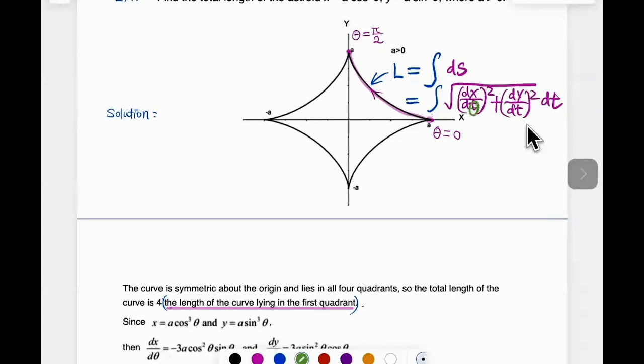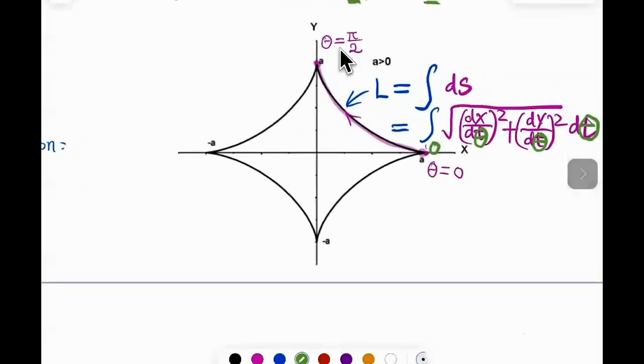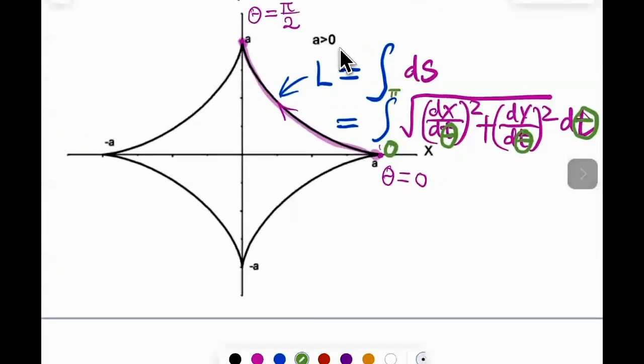This time the variable here is theta, so d theta. Theta goes from what to what? Theta goes from 0 to pi over 2. As soon as you can recognize this integral, the rest will be just routine. It's very important to set up the integral. So this is for this arc.